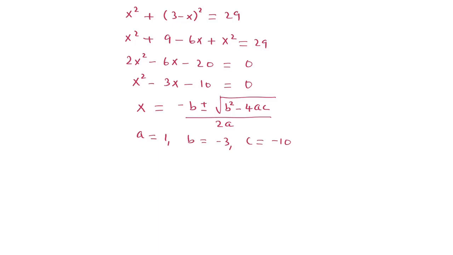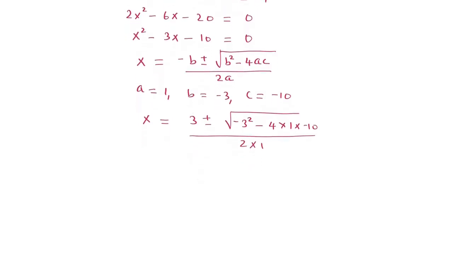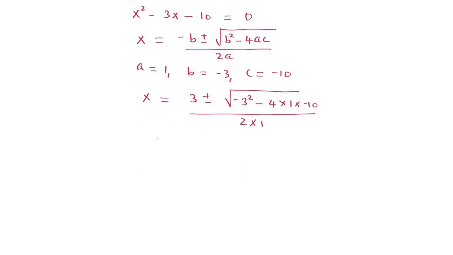Our equation is going to be x equals 3 plus or minus the square root of negative 3 squared minus 4 times 1 times negative 10, over 2 times 1. After solving the values, we are going to have x equals 3 plus or minus 7 over 2.